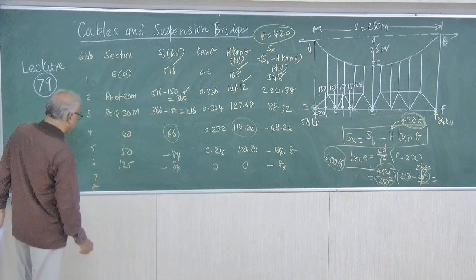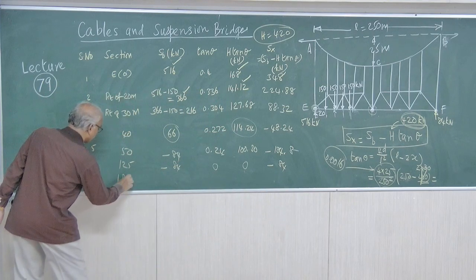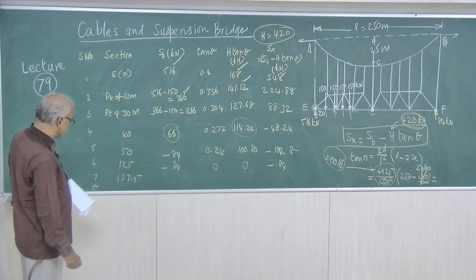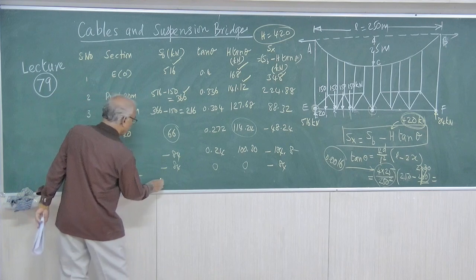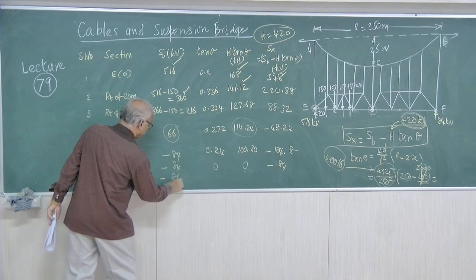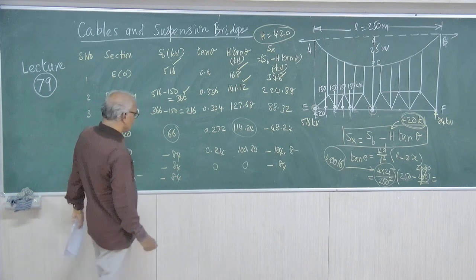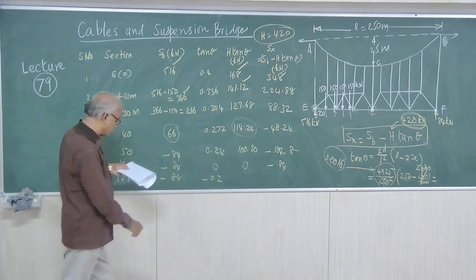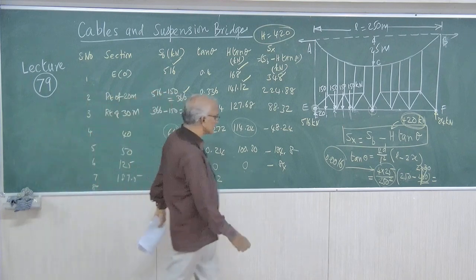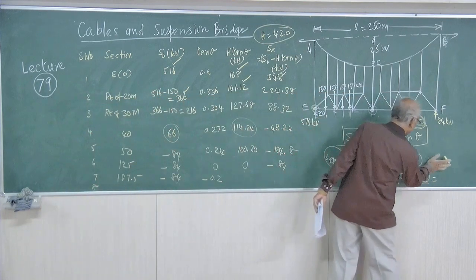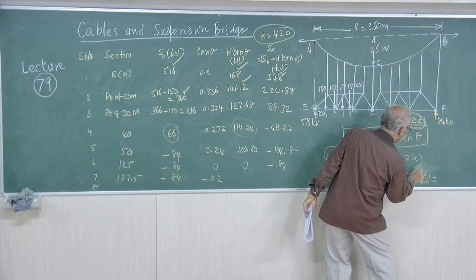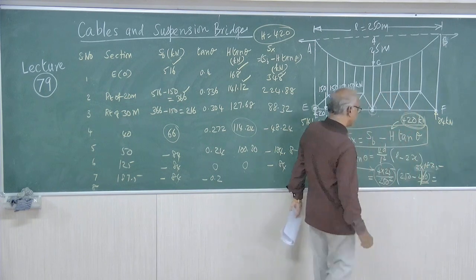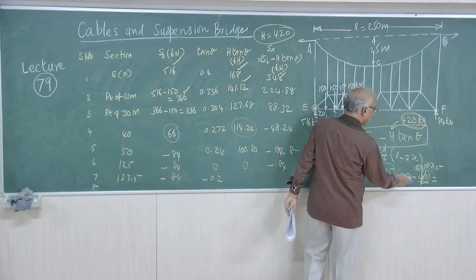Similarly, 187.5, that is the right quarter span point. Now, here it is again minus 84, because there is no other vertical loading up to there. So, minus 84 only. Now, this is equal to minus 0.2, because this value is 250 minus 2 into 187.5, that is 250 minus 375.